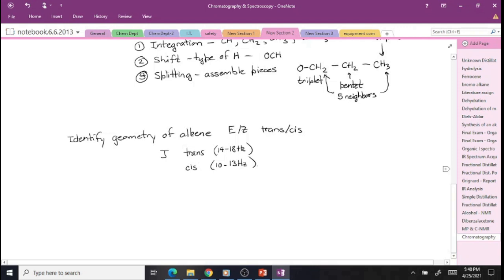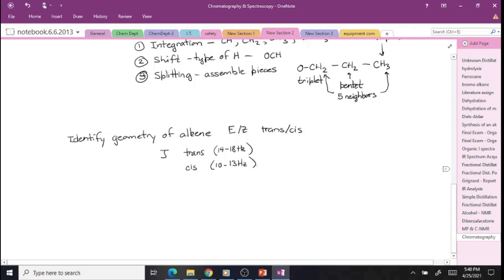And so you can make that distinction between cis and trans by which range it falls in. And they are fairly well separated. This is fairly reliable. Of course, it's nice to have another confirmation. We did have a second method that we used to make that determination.